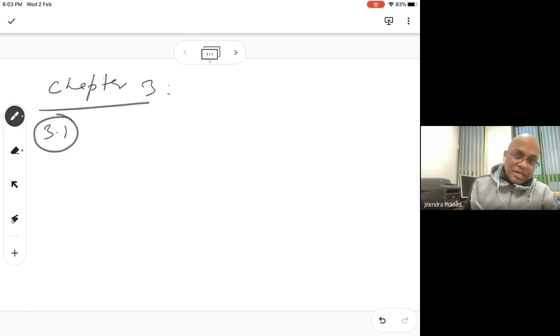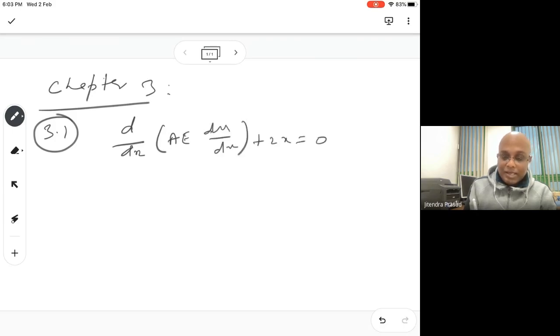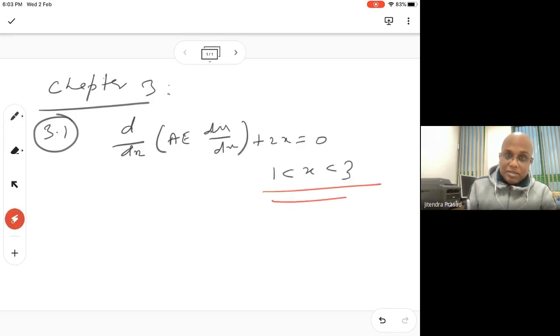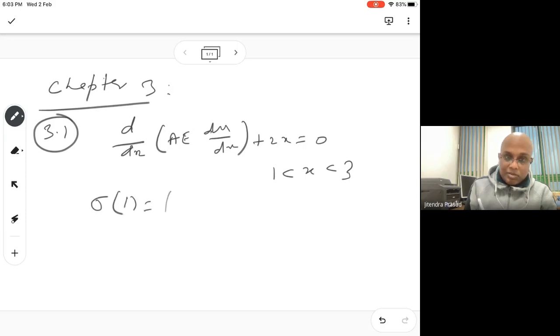Now the problem 3.1 says: given d over dx of (A E du over dx) plus 2x equal to 0, and this is given for this domain, with sigma 1 equal to E du over dx at x equal to 1 equal to 0.1, and u3 equal to 0.001.